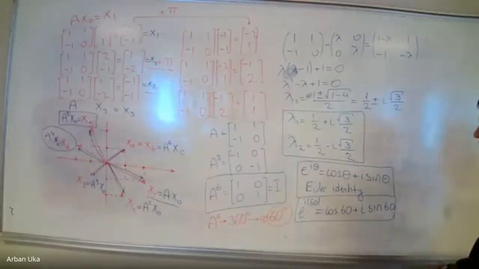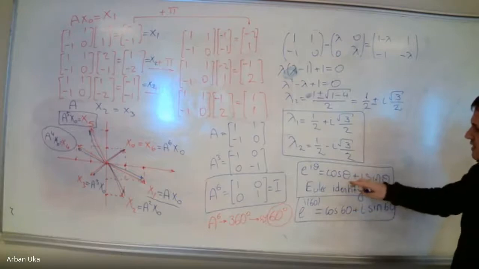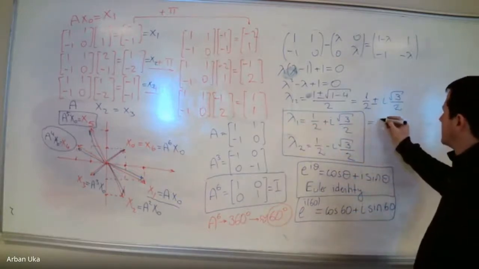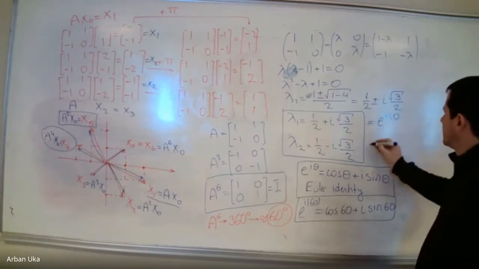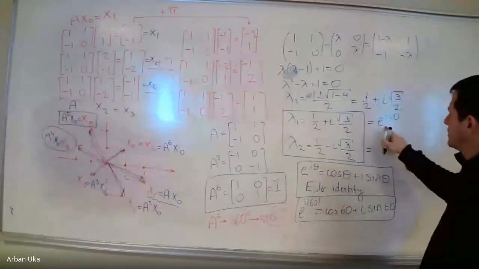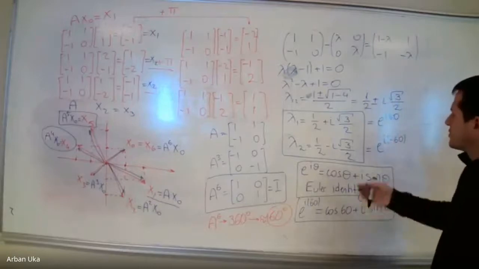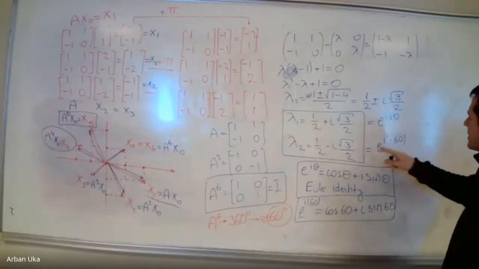Okay, so apparently with this Euler identity, we can write it like this. It looks like lambda 1 is e to the power i60. Do you agree on this one? Yes, because this is cosine plus i sine. This is e to the power this, and this other one is this.